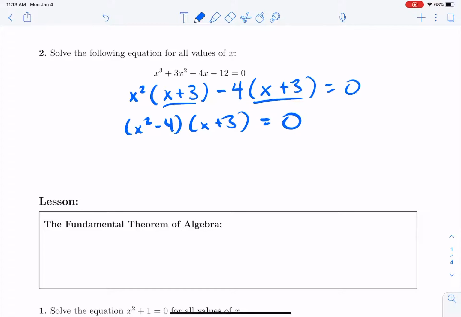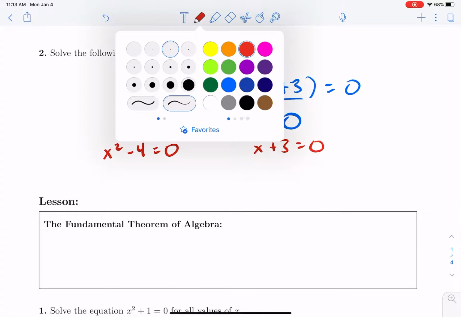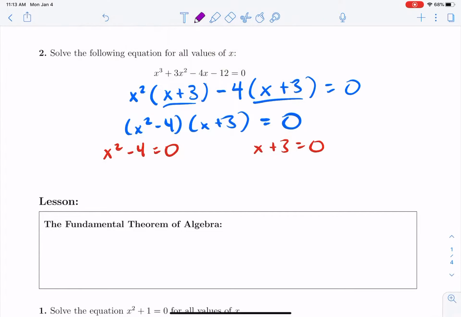And now I'm just going to set each factor of this equation equal to 0. So x squared minus 4 equals 0, x plus 3 equals 0. If I solve that easier one, x plus 3 equals 0, subtract 3 from both sides, I'm going to get x equals negative 3.